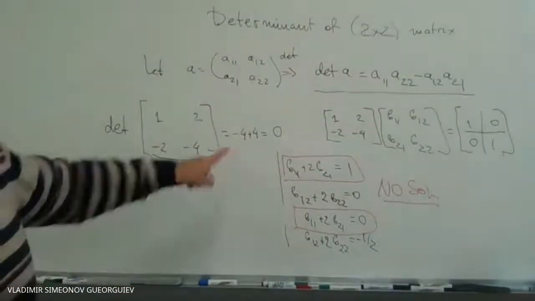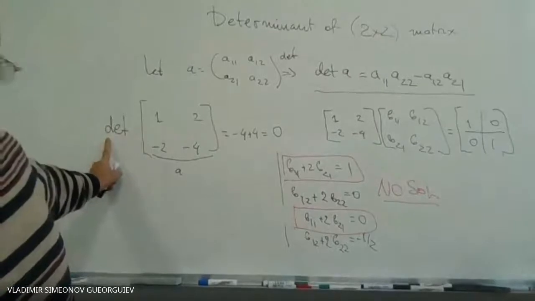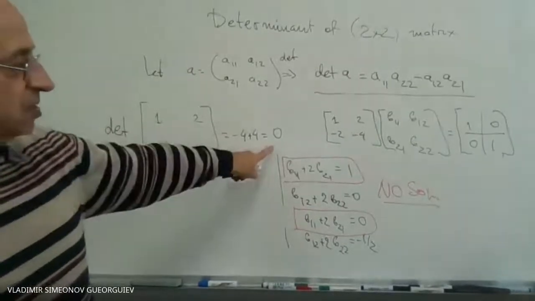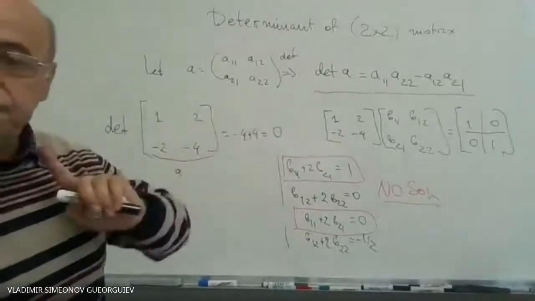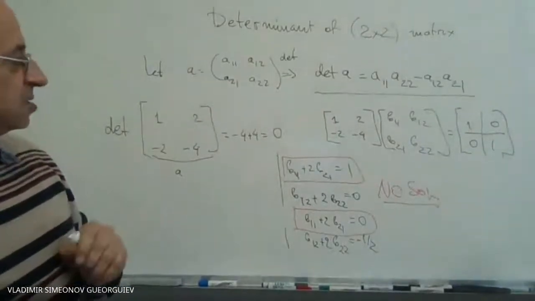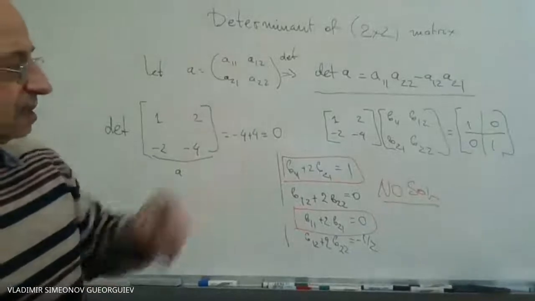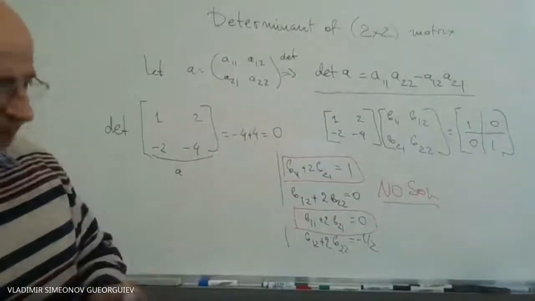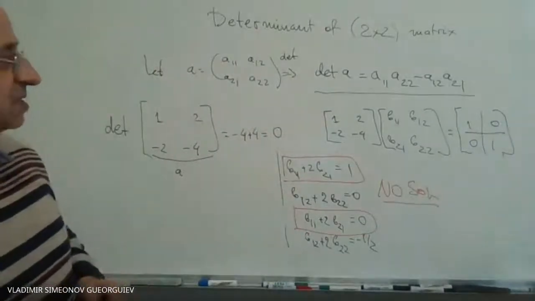It is closely connected with our determinant. If the determinant is 0, then we shall have a problem to find the inverse of the matrix. If the determinant is not 0, then you can solve and find your inverse matrix.